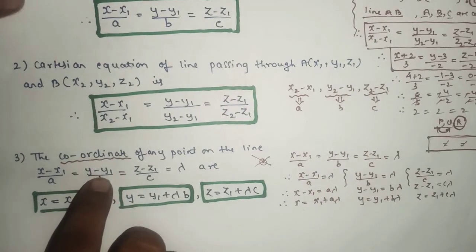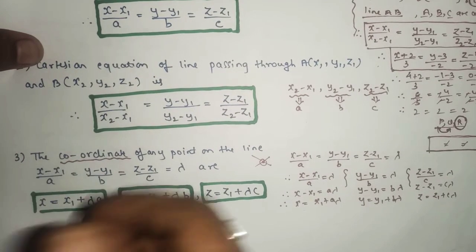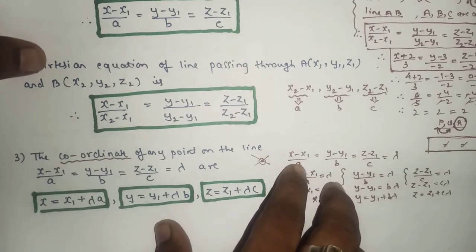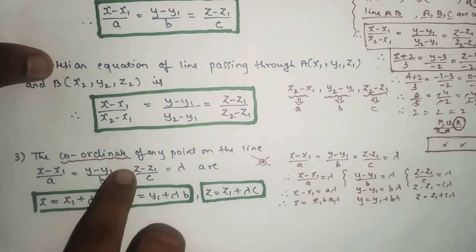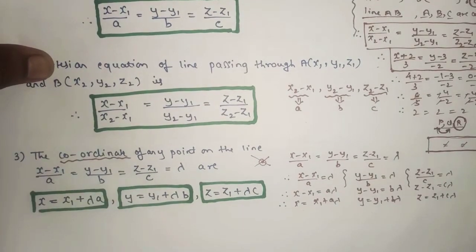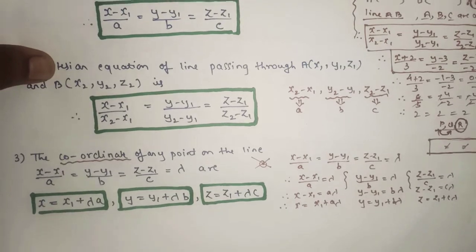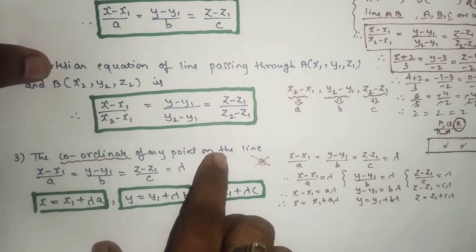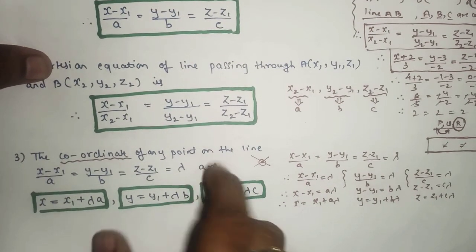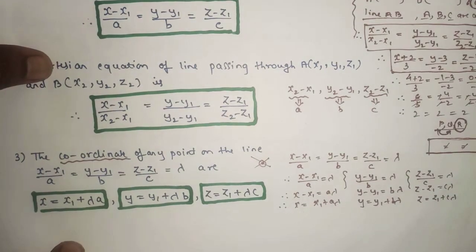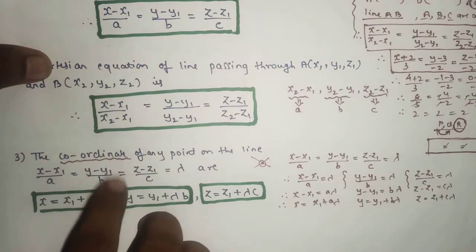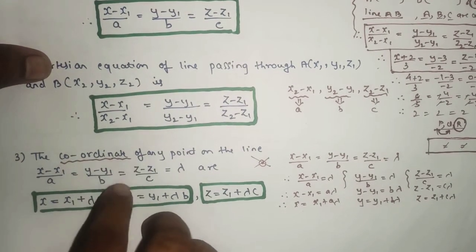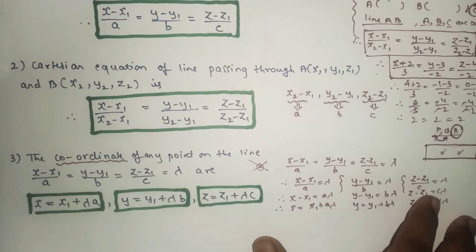And the third formula you have to use when you have to find the coordinate of any point on the line. There is one sum in the exercise where you have to find the coordinate of the point when the lines are intersecting. So we are left with one sum in the exercise, which we'll see afterwards.